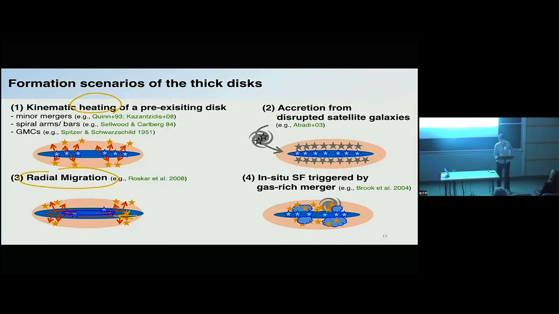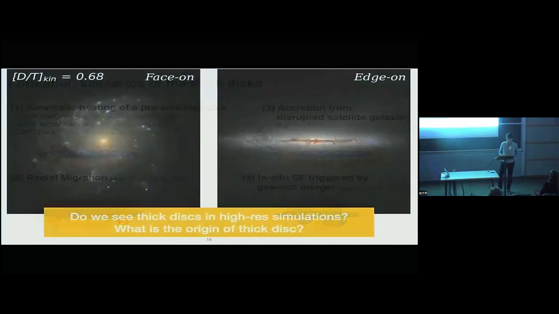Sometimes accretion, so disrupted satellite galaxies can populate the thick disk, or maybe a gas-rich galaxy merger, or maybe accretion can cause some in situ star formation at the position of the thick disk, away from the mid-plane. Okay, so there are many scenarios. All of them make sense.